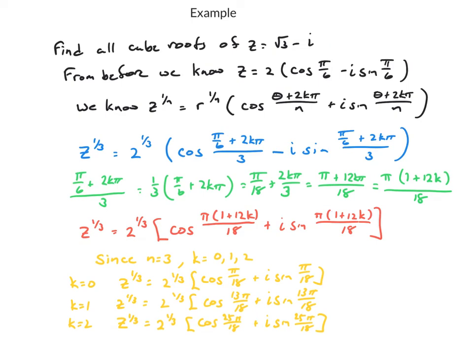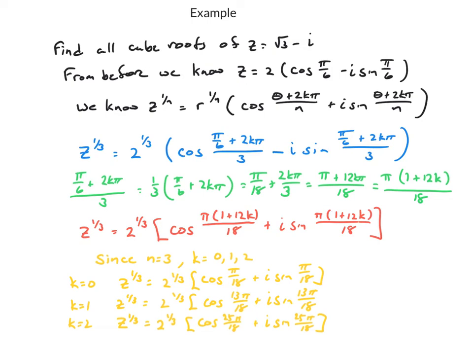Now, I also know that the nth root of a complex number is r to the 1 over n times the cosine of theta plus 2k pi over n plus i sine of theta plus 2k pi over n. Remember, if you're working in degrees, this would end up being 360 times k, but we're working in radians right now.